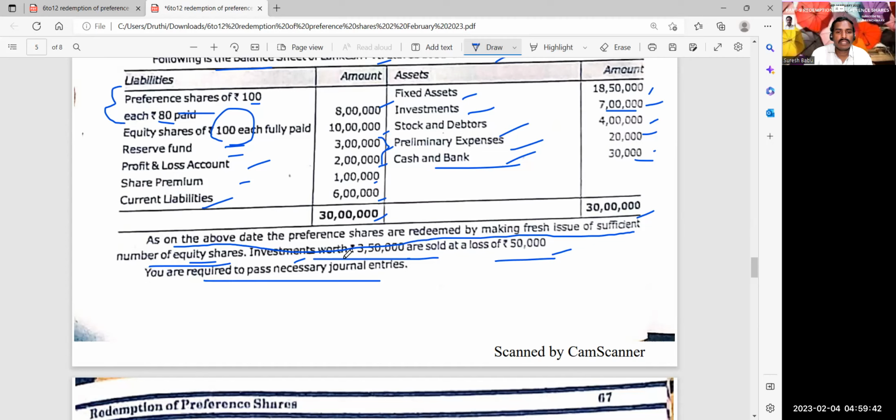As on the above date, the preference shares are redeemed by making a fresh issue of sufficient number of equity shares. So there is an assumption. He is not issuing 10,000 shares. According to this particular author, you have got 3 lakh rupees.